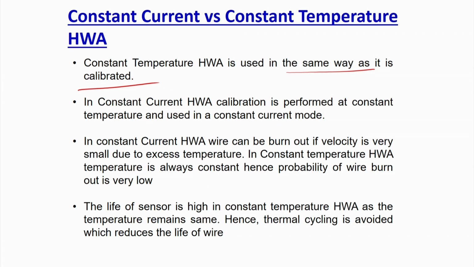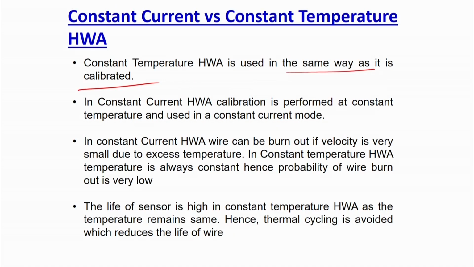So, one more extra layer of conversion comes in, and that is why we prefer the constant temperature, because you are doing the calibration and measurement in exactly the same way. While in constant current you do the calibration using the constant temperature approach, but you do the measurement using the constant current mode. So, that makes a difference and may hamper the sensitivity of the probe a little bit. So, that is the major thing.